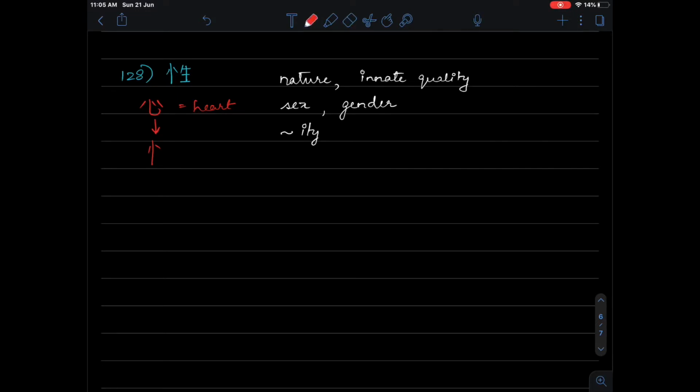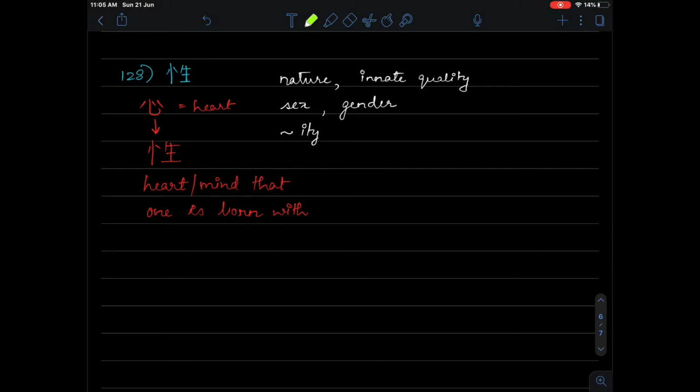So in this case, this is the variation, and we know that this means life or to be born. Okay, so together you can mean heart or mind that one is born with, which means to say their nature or their innate qualities.